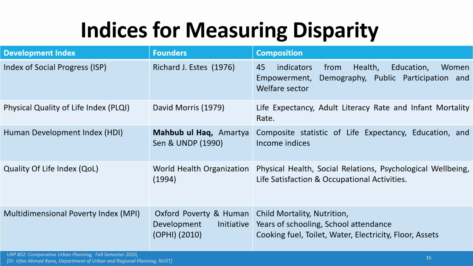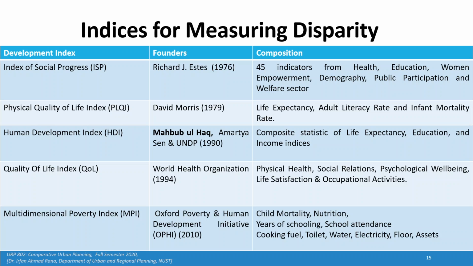It is a very famous index. You might have heard about it. There were also other indexes which try to measure different inequalities in terms of different sectors, or you can say dimensions. But HDI was one of the most prominent ones.